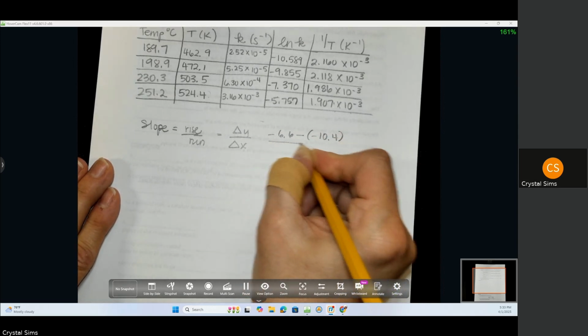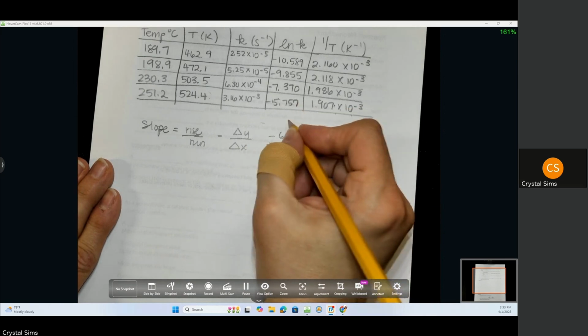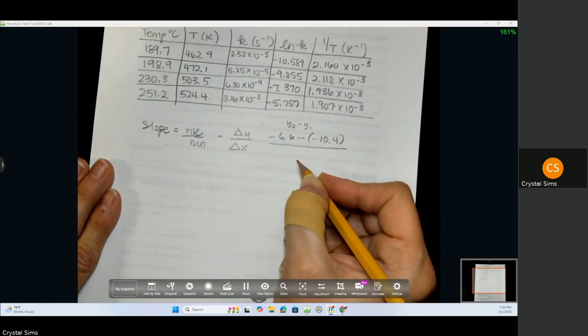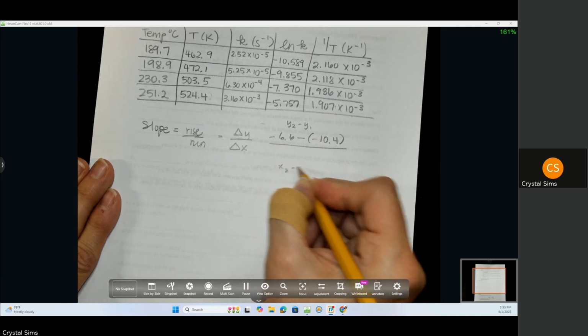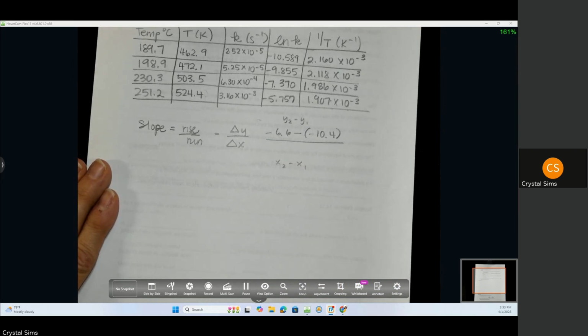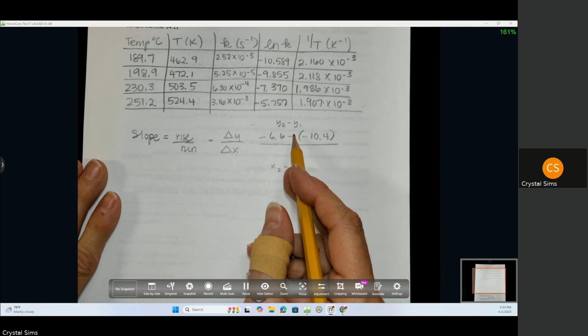So those were their two points that they picked along the y-axis, and this is y2 minus y1 over x2 minus x1. Is that right? Maybe y1 minus y2. As long as you do them the same. I honestly can't remember now that I'm saying it. I've gotten all mixed up in my head.